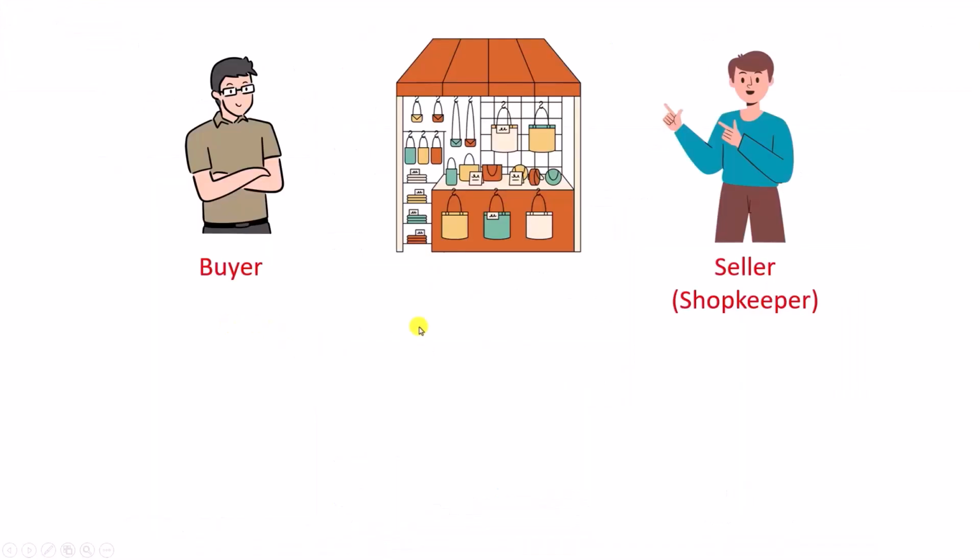Now, when you consider a physical shop, you have a buyer and a seller. The seller is the shopkeeper, correct? When you buy any product from a shop, you physically receive the product. That means you can feel the product in your hands.